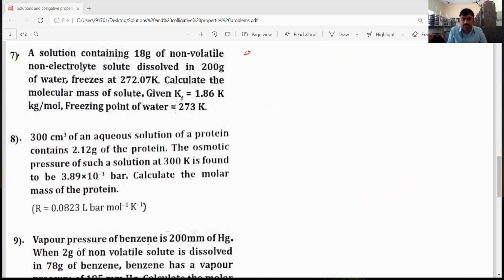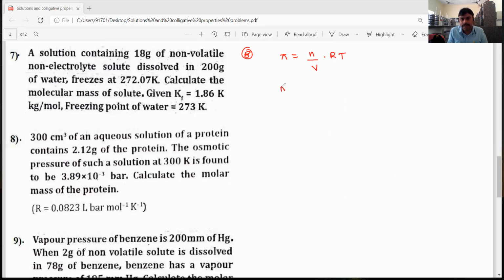Let's see the eighth question, dear students. We know that osmotic pressure pi is equal to CRT. The C is nothing but number of moles by volume, into RT.